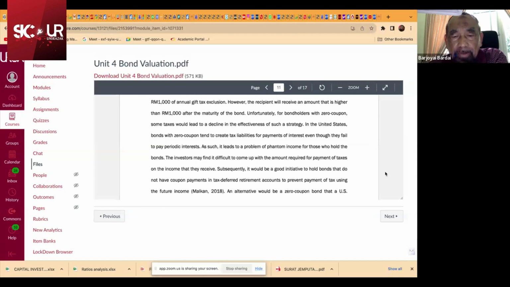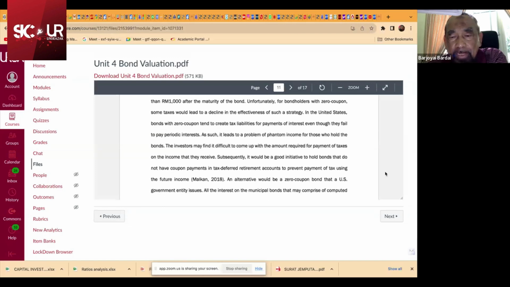The investor may find it difficult to come up with the amount required to pay tax on the income that they receive, and subsequently, it would be a good initiative to hold bonds that do not have coupon payment in tax deferred retirement accounts to prevent payment of tax using the future income.